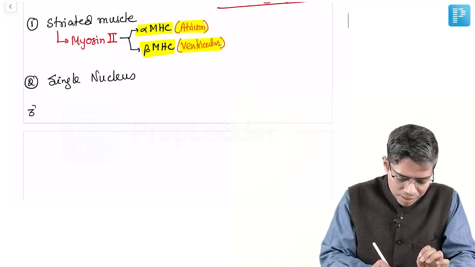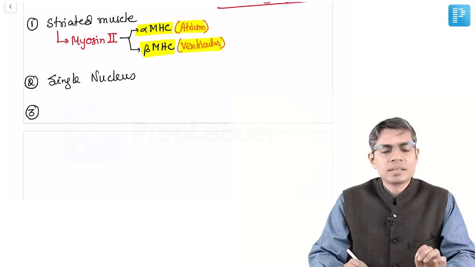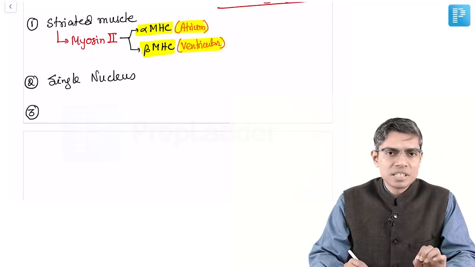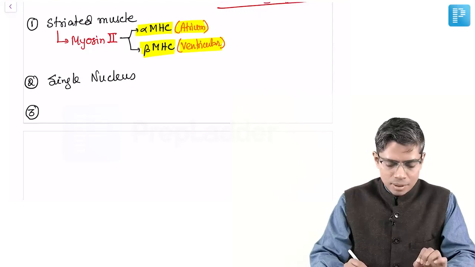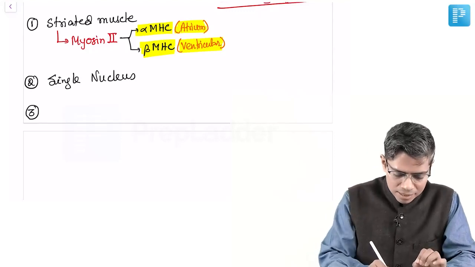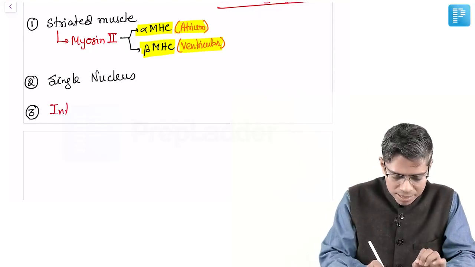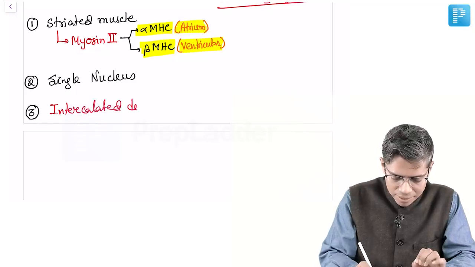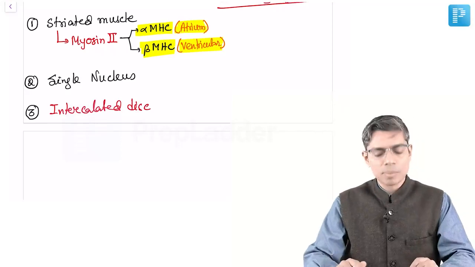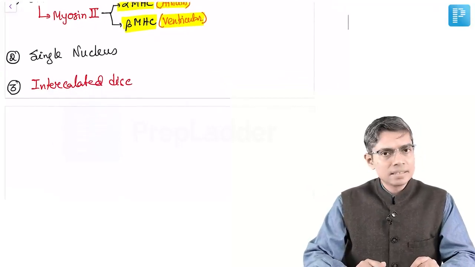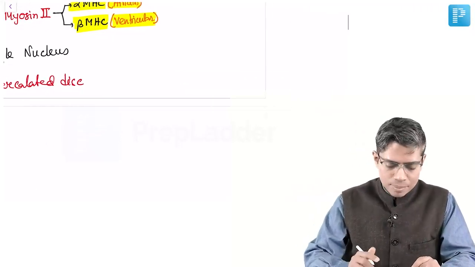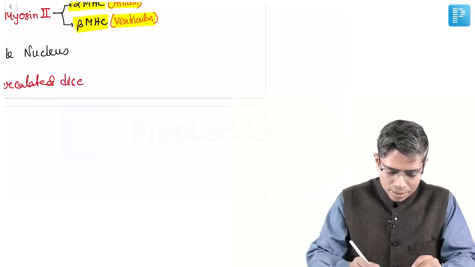Now point number 3 is very important. There is the presence of a specific structure in the myocardium cell, and that is known as the intercalated disc. Okay, so this is an exclusive feature of myocardium. What is an intercalated disc? It has been asked in MCQ, so try to understand.